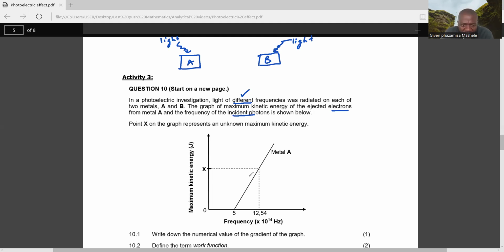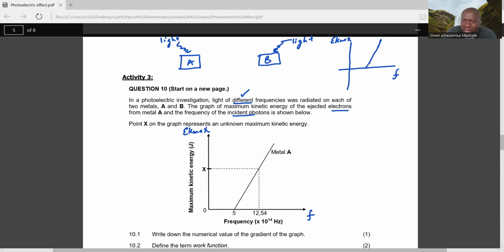So here we are given the graph for the EK max and the frequency. All the time, if they give you a graph for the EK maximum and the frequency, then the graph should be increasing.